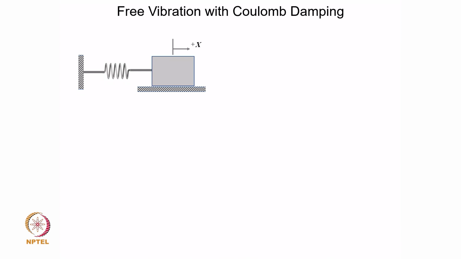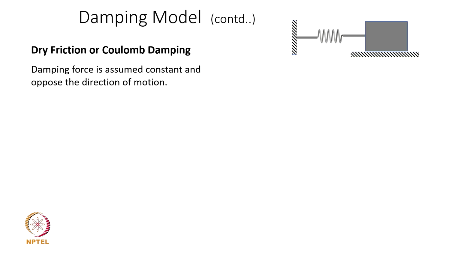So, after the viscous damping and hysteretic or structural damping, the third damping that we are going to discuss is the Coulomb damping. The damping force is at the interface.